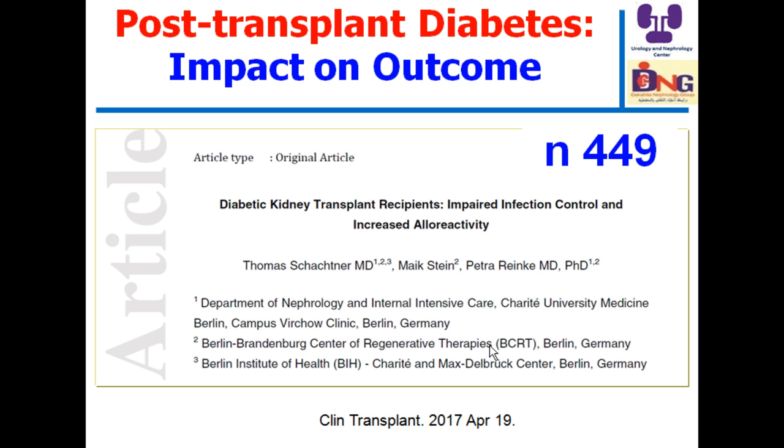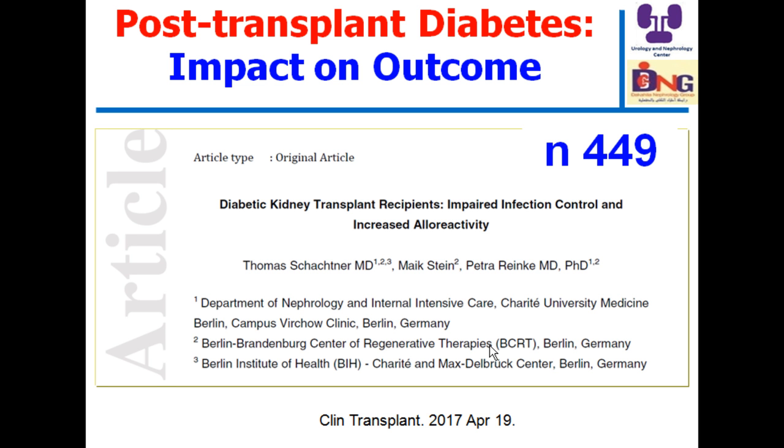And the conclusion from this study is that higher rates of infection in kidney transplant recipients with pre-existing diabetes or post-transplant diabetes are attributed to impaired overall immunity. Higher frequencies of alloreactive T cells contribute to inferior long-term outcomes, since acute rejection, but not pre-existing diabetes, post-transplant diabetes was associated with inferior allograft survival and function.